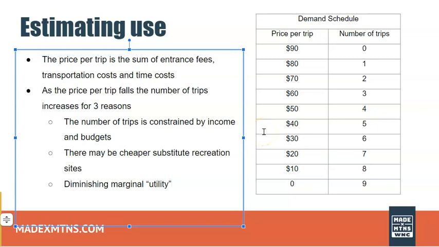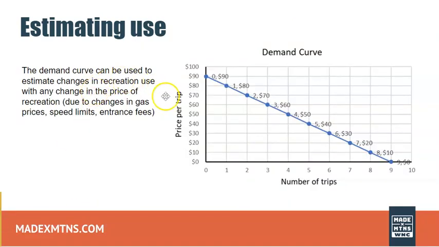If we graphed this demand schedule with price per trip on the vertical axis and the number of trips, the quantity, on the horizontal axis, you get this downward sloping curve.